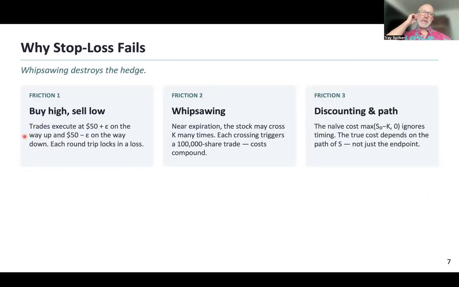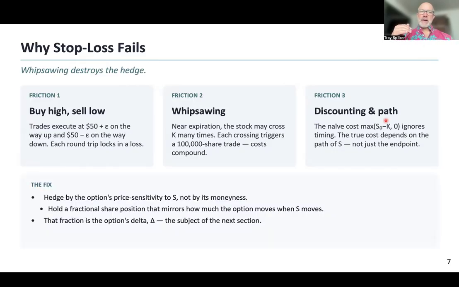Third, simulations show that the strategy's variance is enormous, and its expected cost far exceeds the theoretical max of S0 minus K, or zero. So this naive stop loss approach does not replicate the option very well. What we really need is a hedge that's driven by the option's actual sensitivity, not by its moneyness.